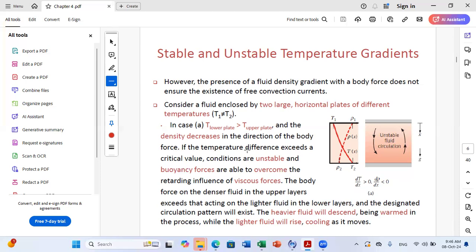So if the temperature difference exceeds a critical value, conditions are unstable, and buoyancy force will be able to overcome the retarding influence of viscous forces. In this case, the body force of the denser fluid in the upper layer will exceed that acting on the lighter fluid in the lower layer, and this will lead to circulation of the airflow. The heavier fluid will go down, being warmed in the process, while the lighter fluid will rise, cooling as it moves. So this is the condition to create the circulation.